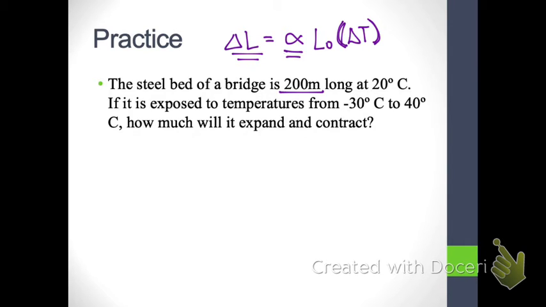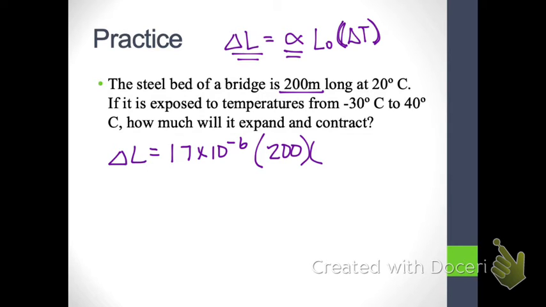I know my coefficient, based on my sheet, is going to be steel. So that's 17 times 10 to the -6, right? Because we see it's times 10 to the -6 up here at the top. Times my original length, times my change in temperature.